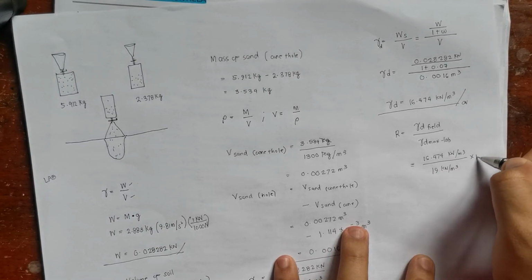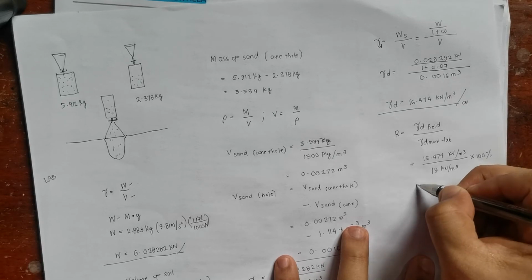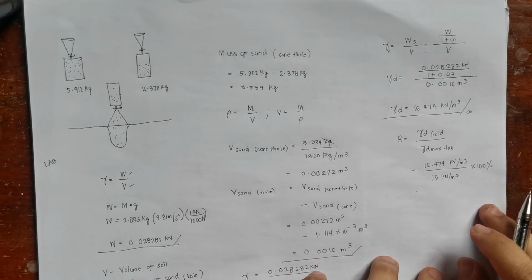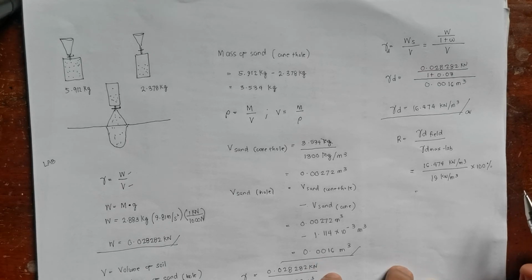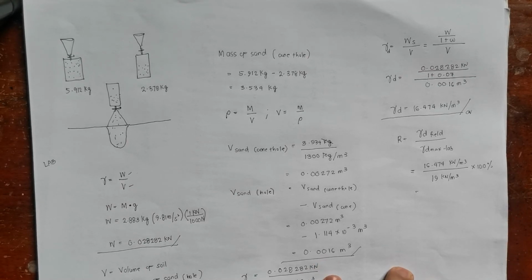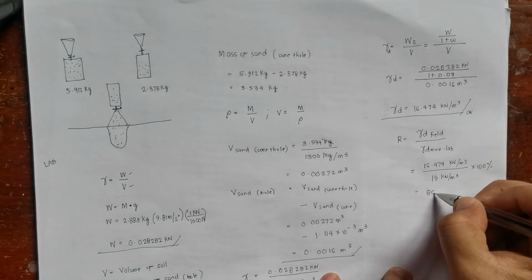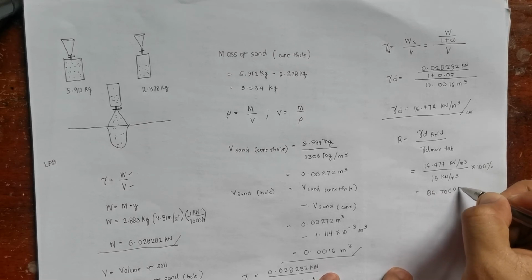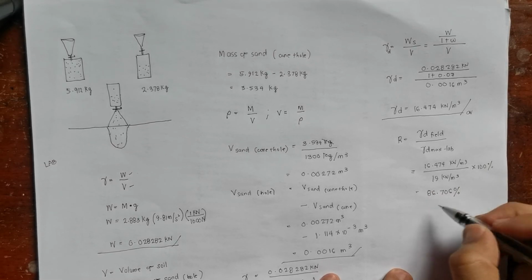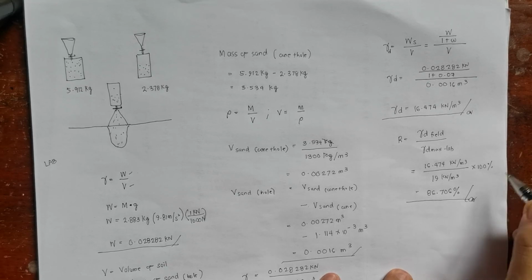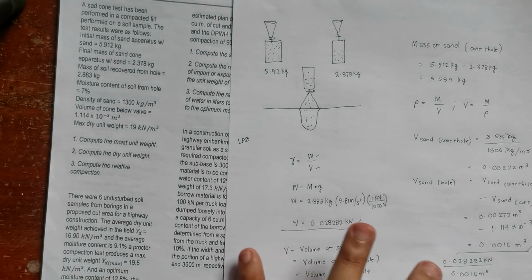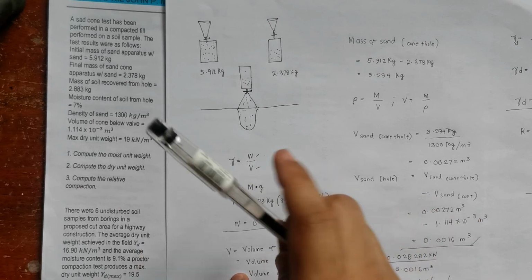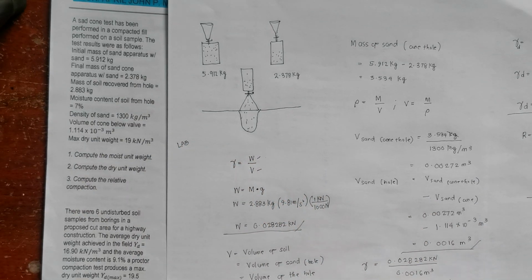Then we multiply this by 100%. So computing for the value of relative compaction, we have 86.706%. And that will be our third requirement for our sand cone method test problem.